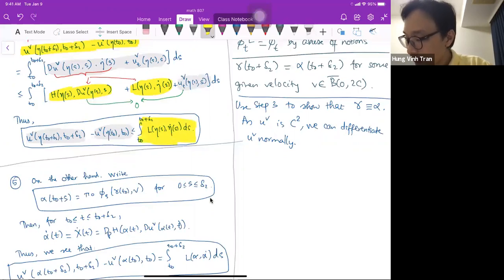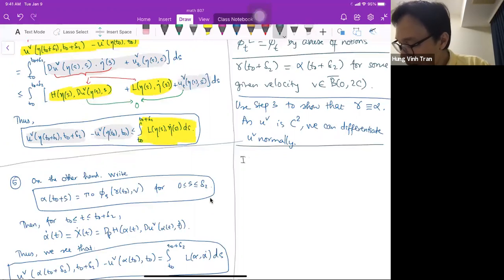So what we can conclude is exactly that the action functional I of eta is always greater than or equal to UV of eta at t naught plus delta t minus UV of eta at t naught. Okay, so this is exactly the action functional.